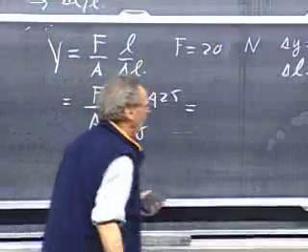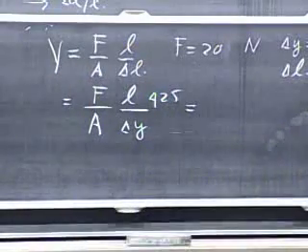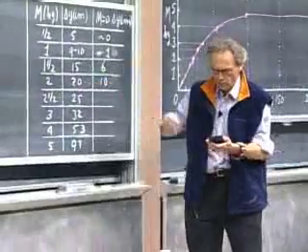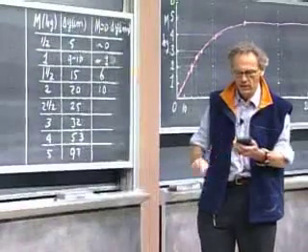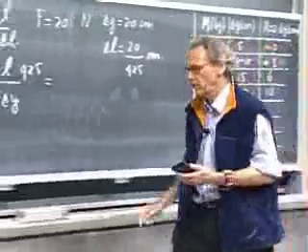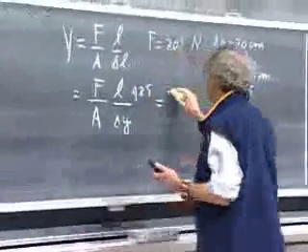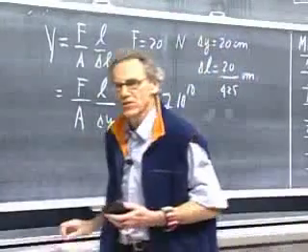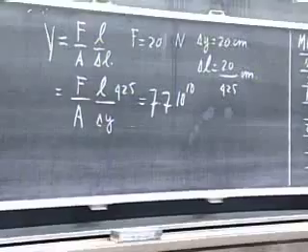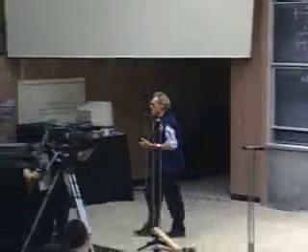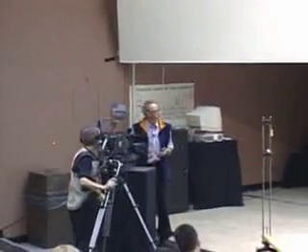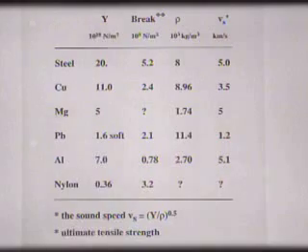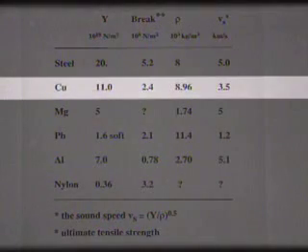And I divide by delta Y, but I need delta Y in meters, so that's 0.2. And I get 7.7 times 10 to the 10th. And that is not bad at all. Because from what I remember, it is 11 times 10 to the 10th. So that is quite amazing for such crude measurements that we do here.